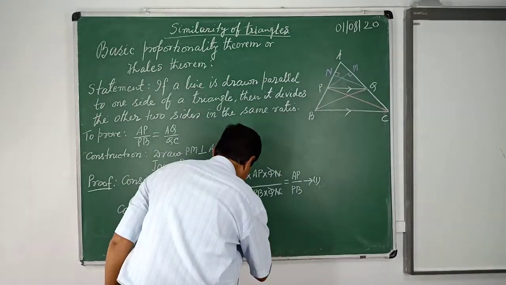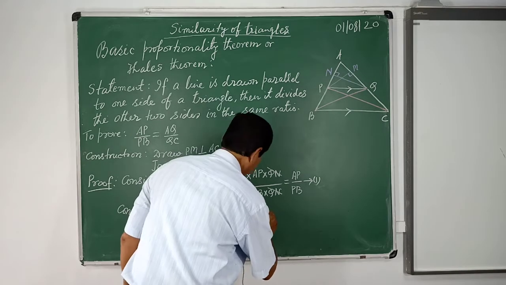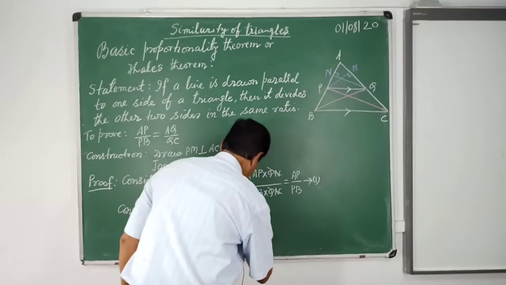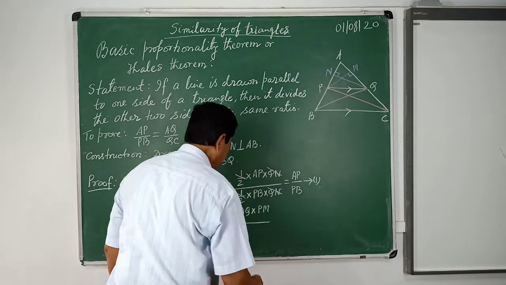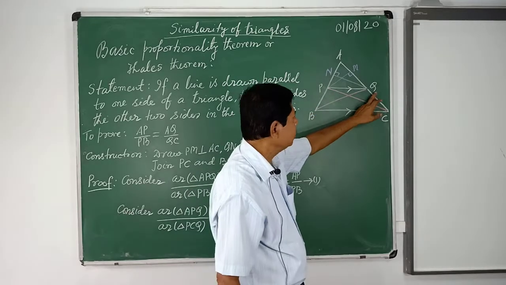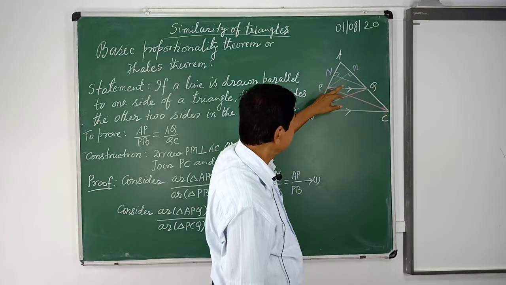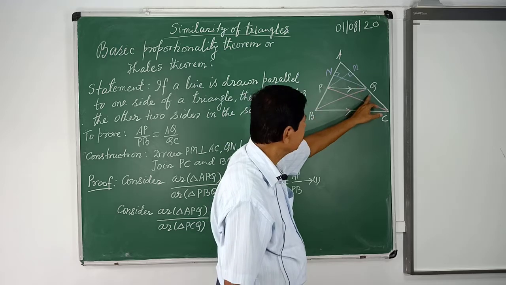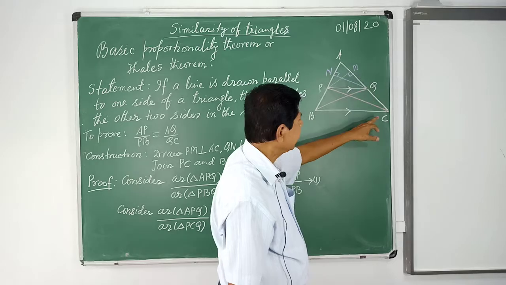So AQ into PM by half into, for PQC or PCQ, if you take QC as the base, then by same reason this angle is obtuse, altitude will be on extended side of CQ.